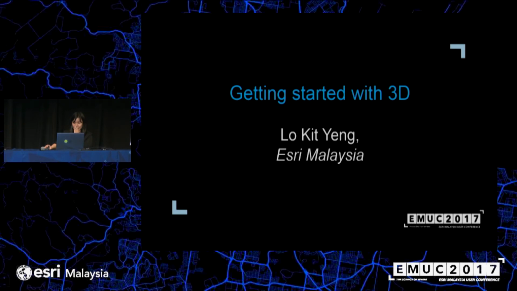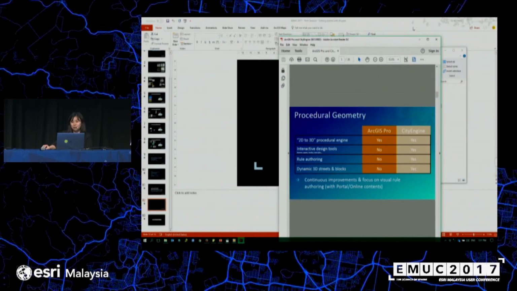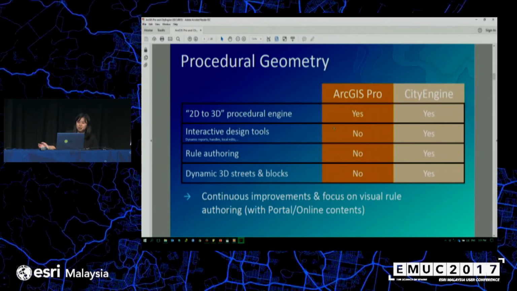Yeah, actually, that's a very good question. Let me show you one table that can help you understand. This is the table that you can refer to for when we should use CityEngine and when we should use ArcGIS Pro. When doing procedural geometry, if you are doing rule authoring, definitely you use CityEngine.